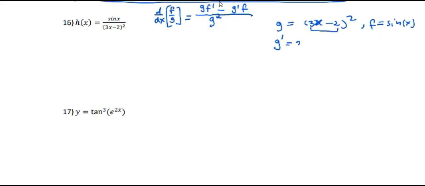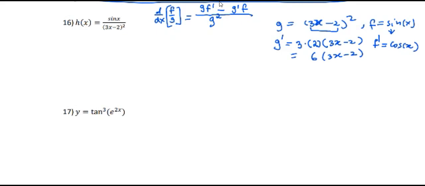The derivative of 3x minus 2 is 3, and then you multiply by the derivative of the outside, so you bring down a 2 here, and what you have left inside is 3x minus 2. So this is just 6 times 3x minus 2. And the derivative of f of x, which is sine of x, so f prime will be cosine of x.